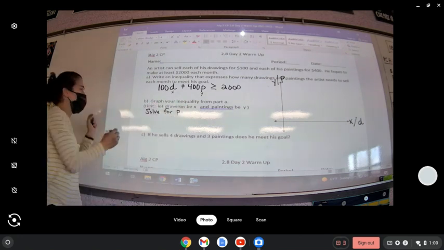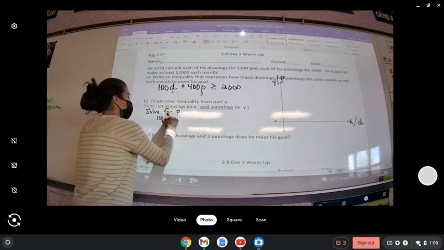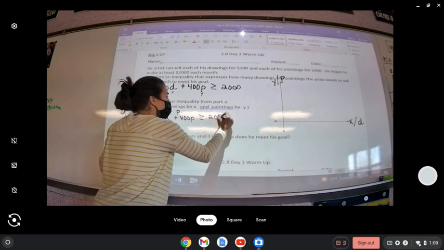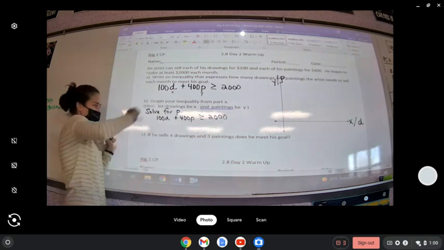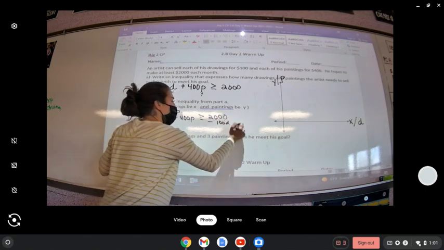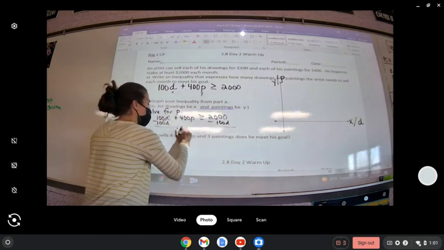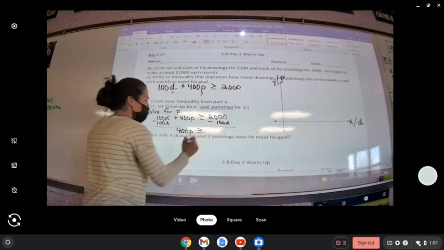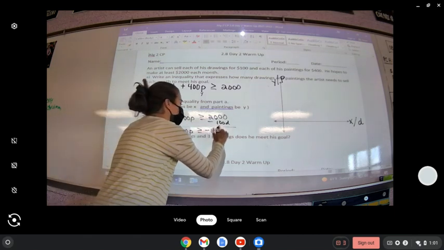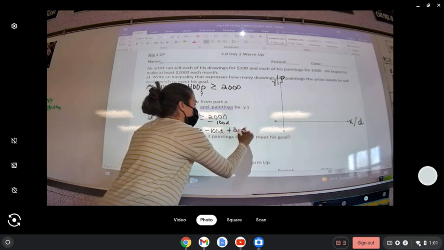All right, so if I solve this for P, let's move those D's away by moving them how? Minusing them. So now we get 400P greater than or equal to, I would put my negative 100D first, and then plus the 2,000.